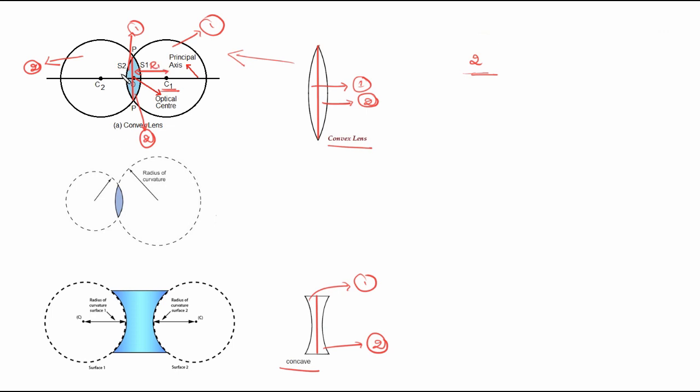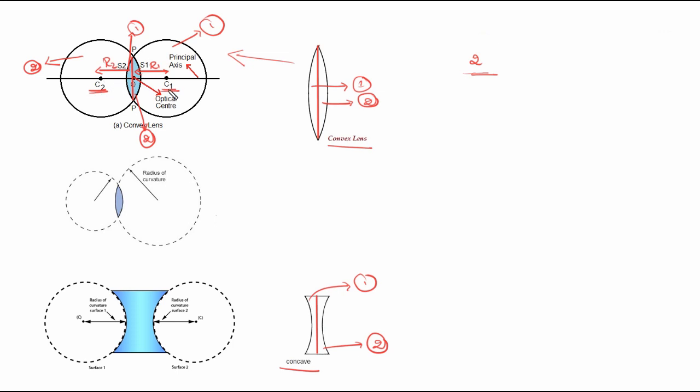Now next, since the second part of the convex lens is having the sphere on its left side, its center of curvature is also on the left side and the radius of curvature will also be on the left side.